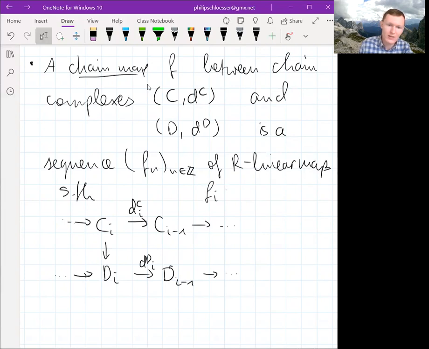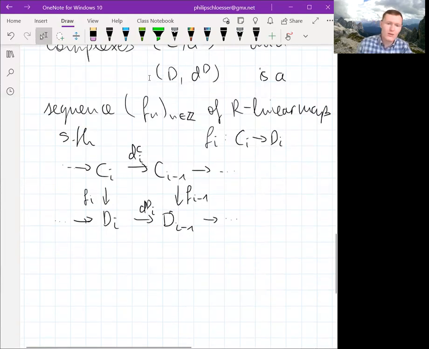So f_i goes from C_i to D_i, by the way, and we have here f_(i-1), then they commute. This diagram commutes.